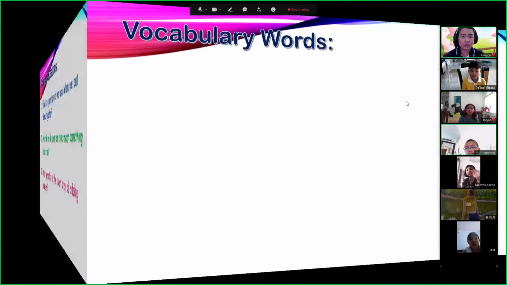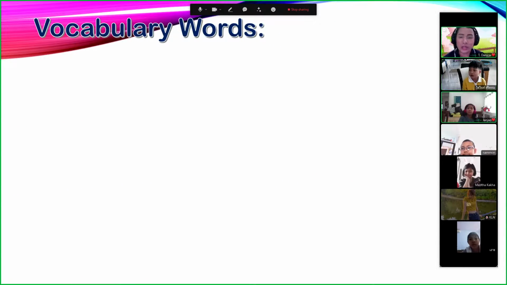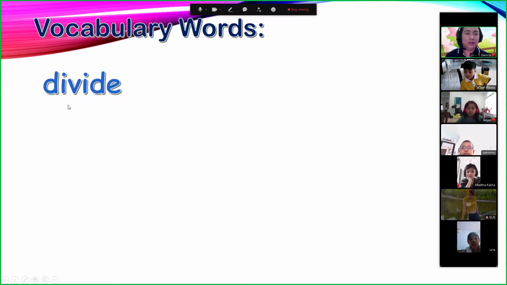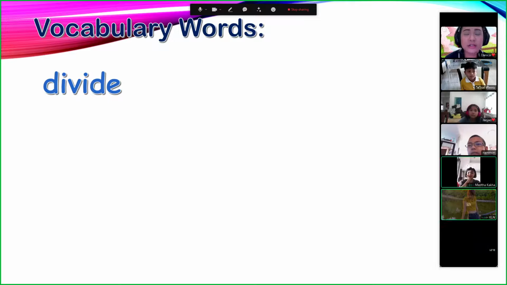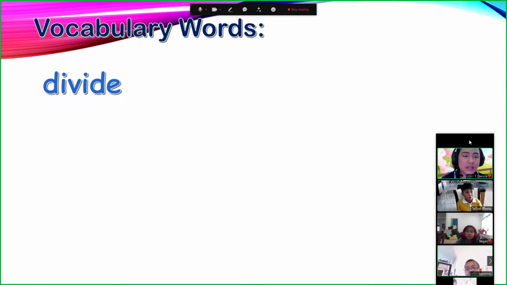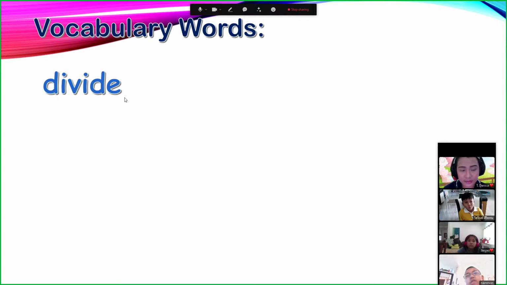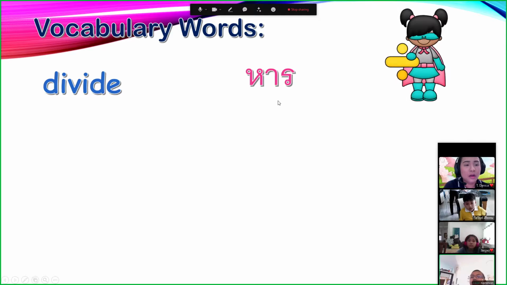Okay, let's go to our vocabulary words for today. Everyone read with me, alright? The first one, how do you read this word? Divide. Everyone say divide. Okay, this is the symbol for division.